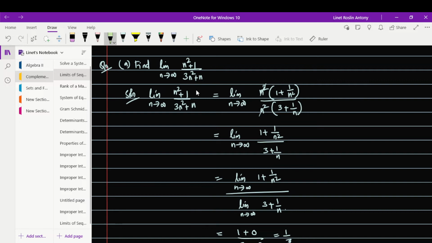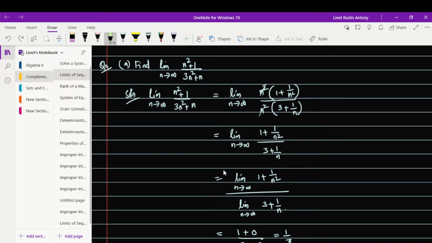So limit n tends to infinity n square plus 1 by 3n square plus n is replaced as limit n tends to infinity n square into 1 plus 1 by n square divided by n square into 3 plus 1 by n. You can cancel out the n square and n square. Then limit n tends to infinity, 1 plus 1 by n square divided by 3 plus 1 by n is what we obtain.